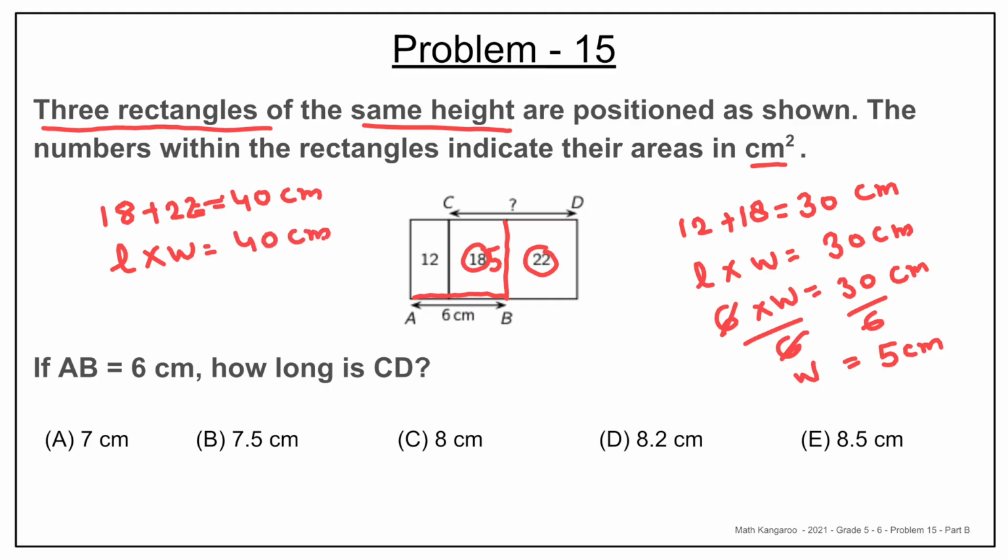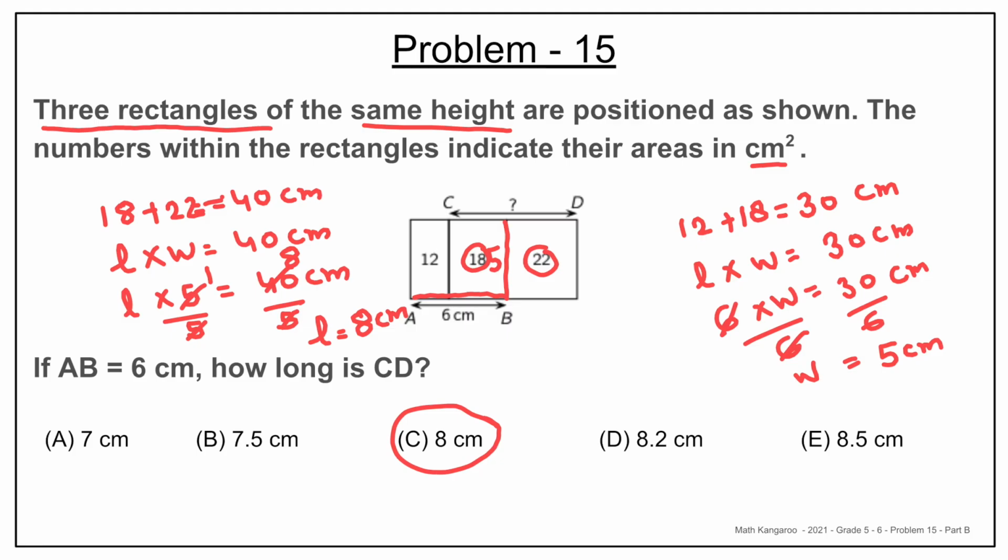We need to determine the length. Width is 5, so 5 times length is equal to 40. We divide by 5 on both sides, 1 here and we get 8. So the length we get is 8 centimeters. So our answer is option C, 8 centimeters.